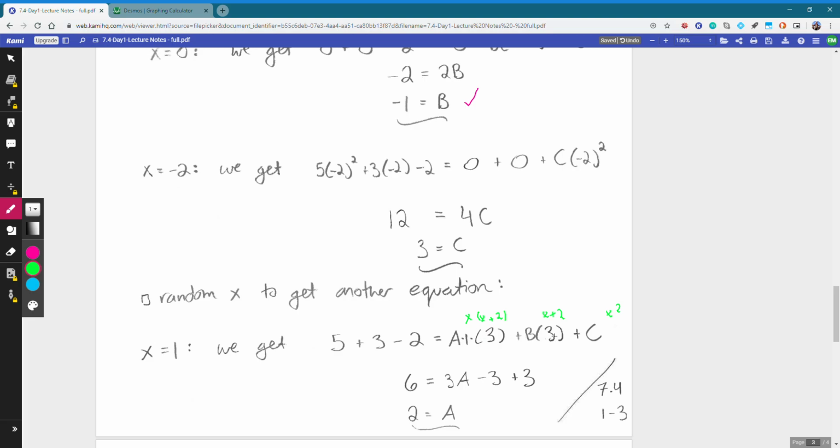It involves a, b, and c, but we already know b and c, so we can plug those in. b is minus 1, and c is 3. Plugging those in, we have an equation just involving some numbers and a, and we can solve that for a. With that, we know all three of our unknowns, and so we know through partial fractions exactly how our function decomposes, breaks apart.